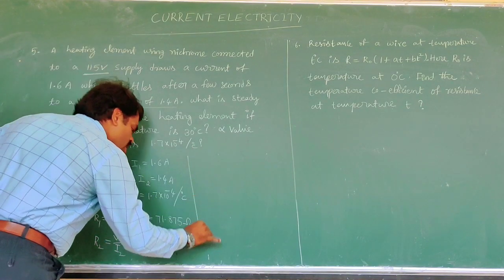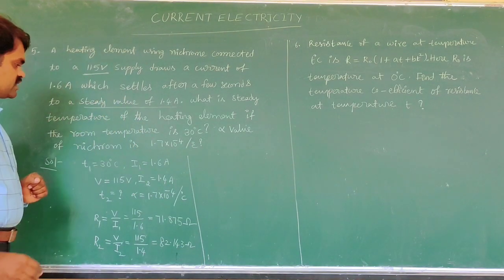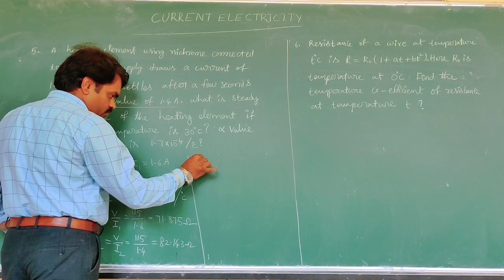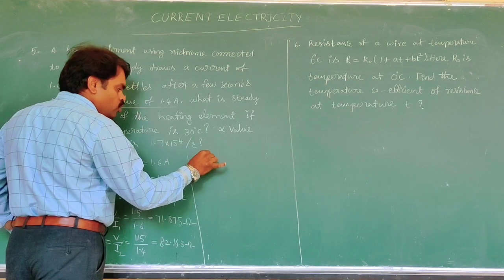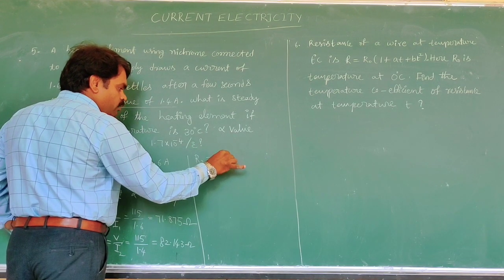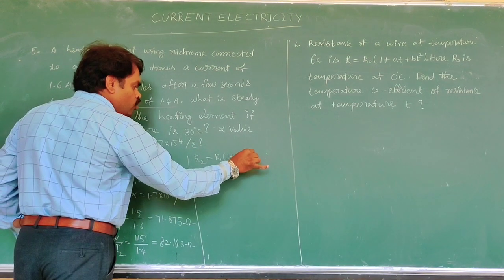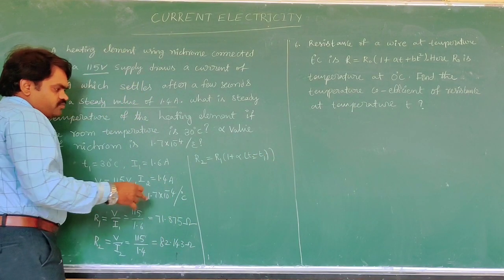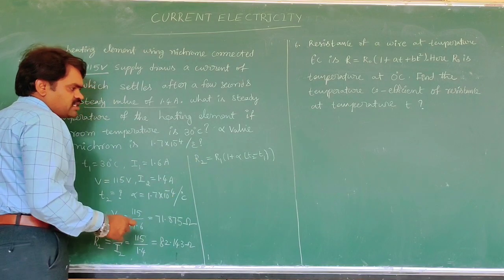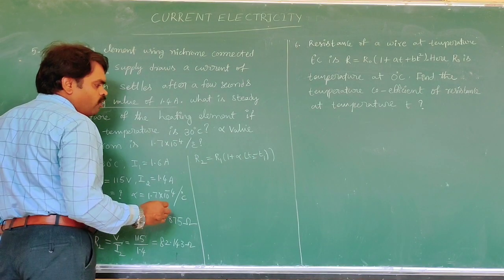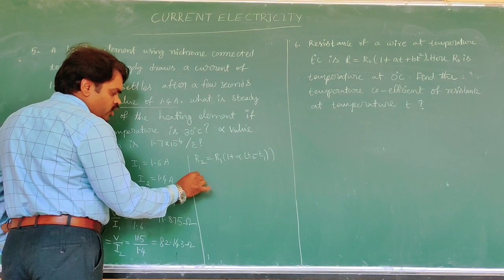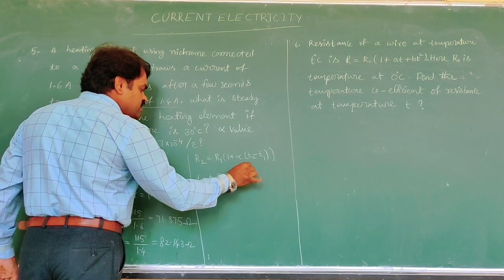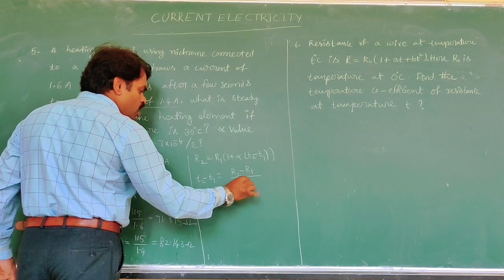Then now we want the temperature difference, that is the formula of RT. R2 is equal to R1 into 1 plus alpha into T2 minus T1. Here with two different temperatures, we write T2 minus T1 is equal to R2 minus R1 by R1 into alpha.